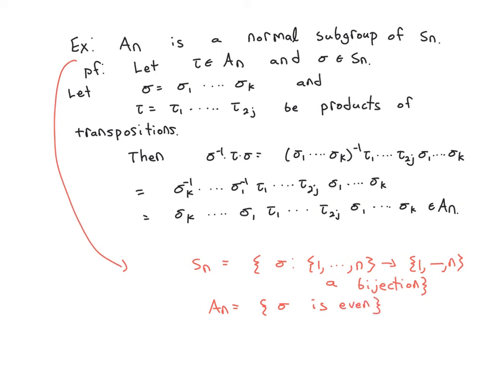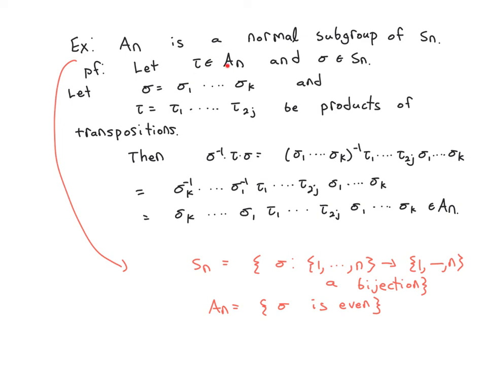Which means what? It means this fact, that when you decompose an element in A_n as a product of transpositions, the number of transpositions is even. What does it mean to be normal? Well, it means that you should be closed under conjugation, so that's what we're going to check.